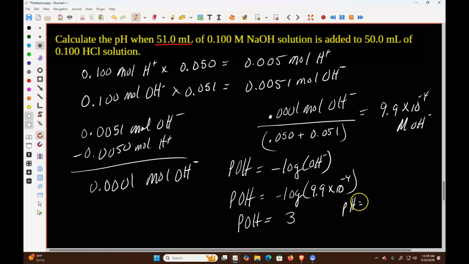So the pH is equal to 14 minus the pOH, so the pH is going to equal 11. So that shows that before we were here, and after adding 2 drops, we were somewhere in this region here.